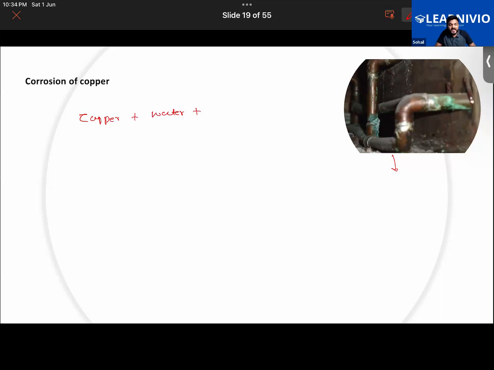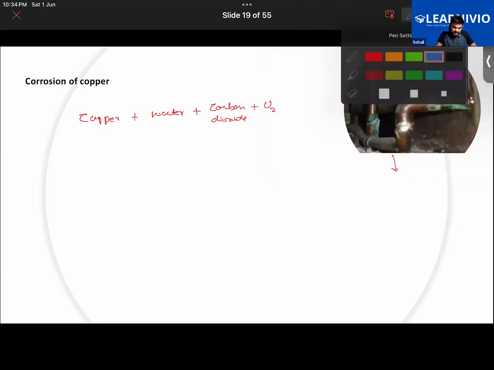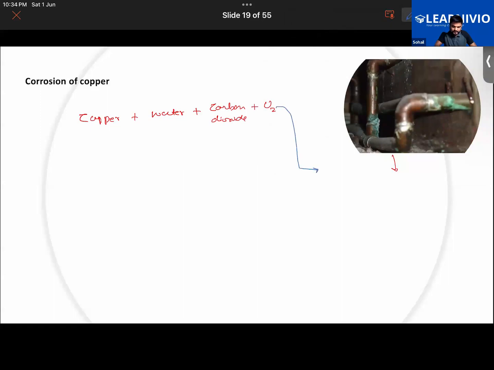It also starts to react with carbon dioxide, and one more thing, oxygen also. As a result of this, it is going to form copper hydroxide. Apart from that, there's one more product formed, that is copper carbonate. So a mixture of copper hydroxide and copper carbonate forms above the copper, and that basically gives you the green coating above the copper utensil.